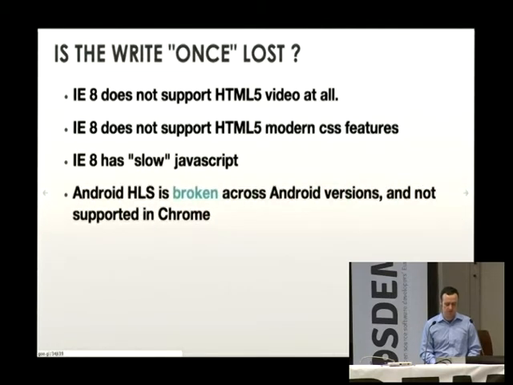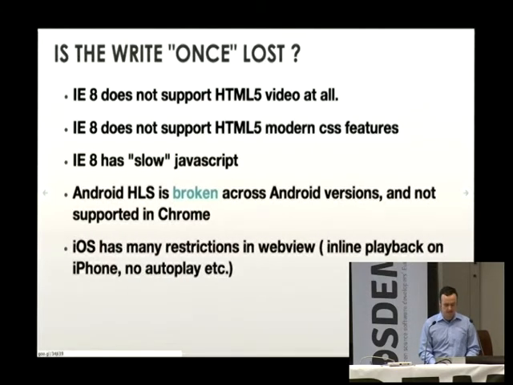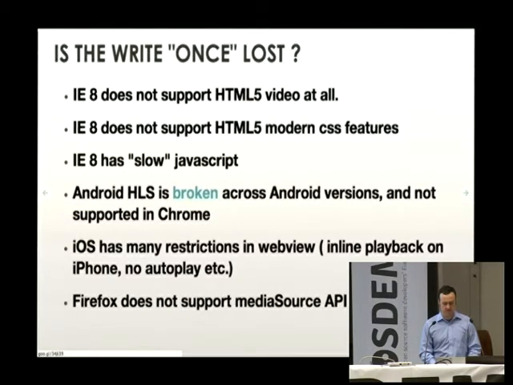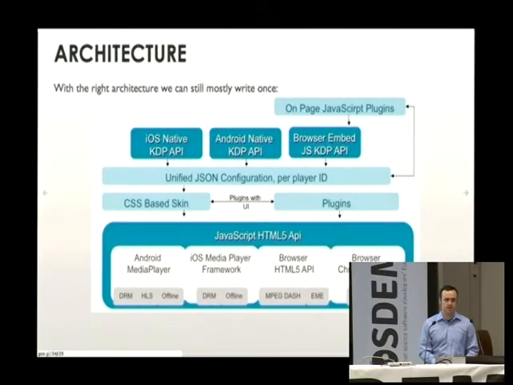It has a slow JavaScript engine, and HLS is broken across Android versions, as we've seen before. iOS has many restrictions in WebView, as we also mentioned, and Firefox does not really support the Media API yet. So we have to design an architecture that abstracts out the play component and enables us to swap in either a Flash applet or a native player component where possible, in order to deliver this platform as broadly as possible.